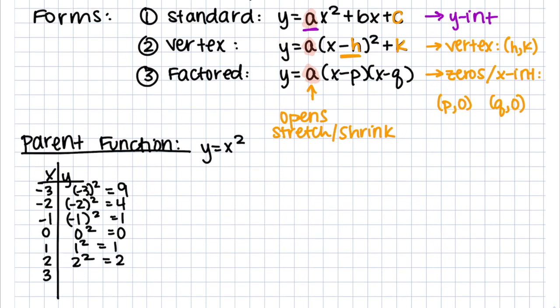Notice how I don't have parentheses around the positives. It's just not going to change that. And then 3 squared is still 9. Notice how we have a pattern of the values of y. My x's are both positive and negative, and they include 0, but my y values are only positive.